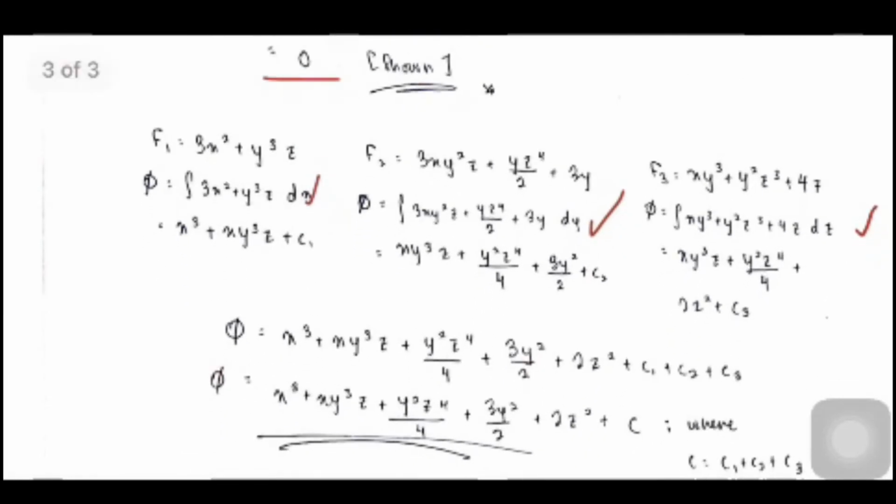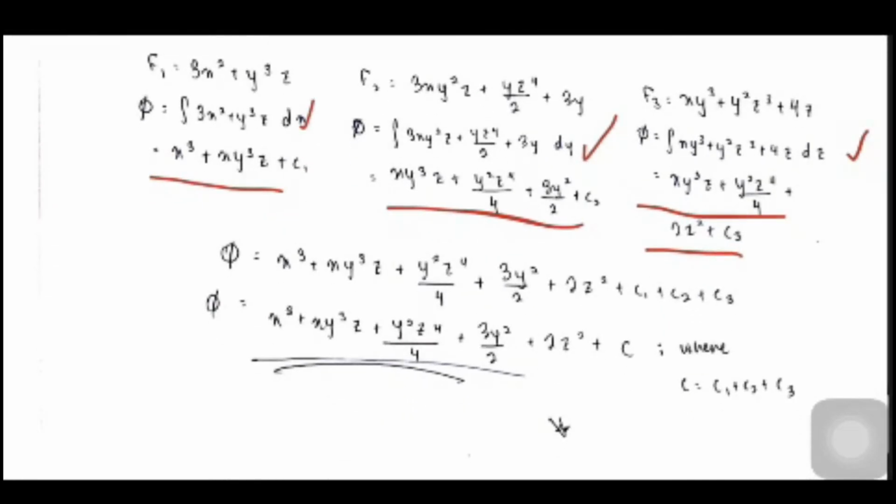To find the potential function, we need to integrate f1 with respect to x, f2 with respect to y, and f3 with respect to z. After we integrate, we will get this for the f1, f2, f3 potential function.